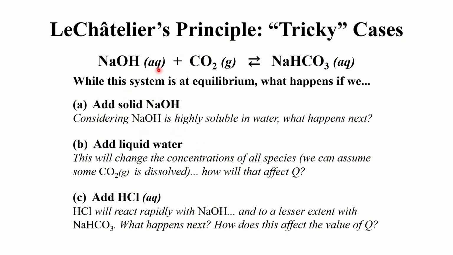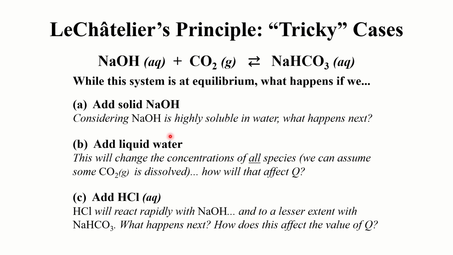So if I add solid NaOH, the system must have some sort of water component to it, given we have 2 aqueous compounds. If I add more solid NaOH, probably a good portion, if not all of that NaOH is going to dissolve. So adding solid NaOH is effectively adding more of this to the system. And if I add more aqueous NaOH to the system, the reaction should shift right in response.